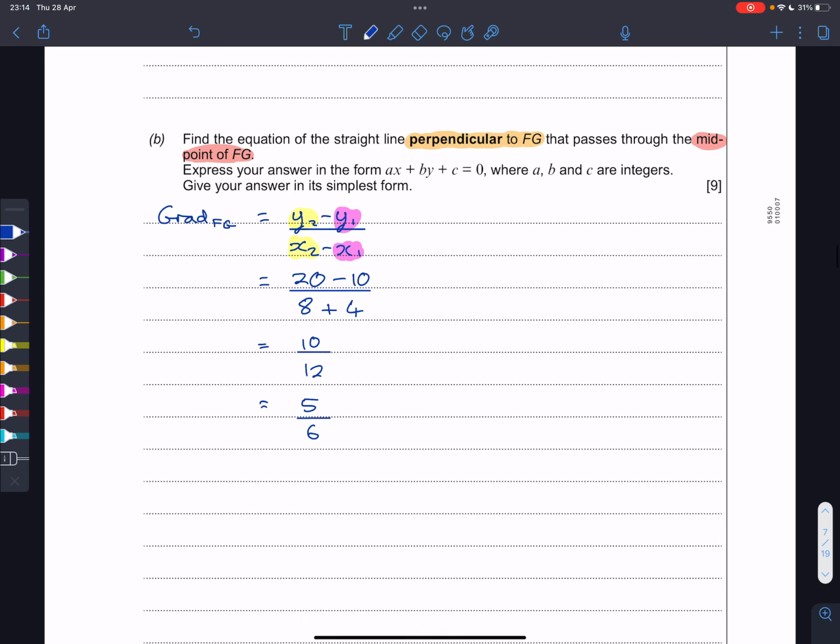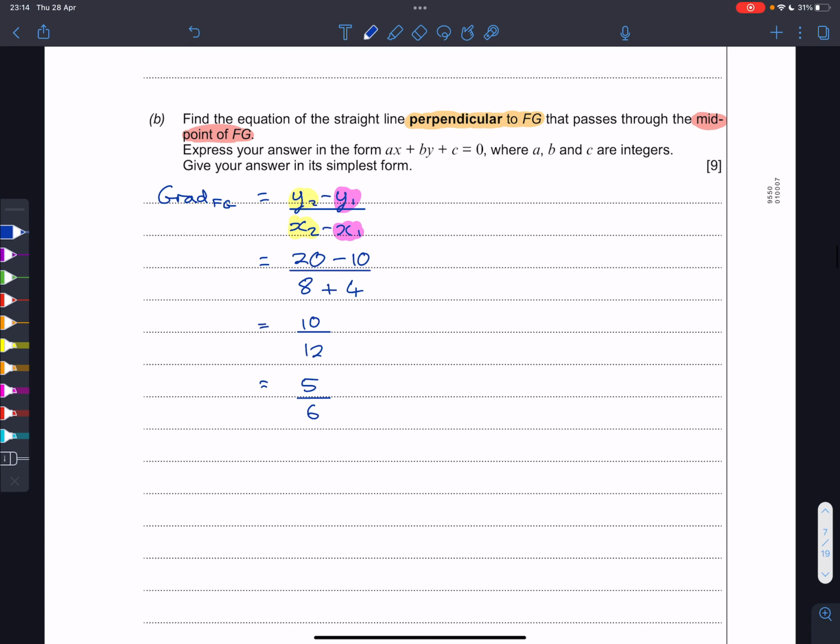Okay, so my gradient of FG is 5/6. Therefore, my perpendicular gradient, which is what we want, is the negative reciprocal of that, so negative 6/5. Okay, so that's the first bit done.